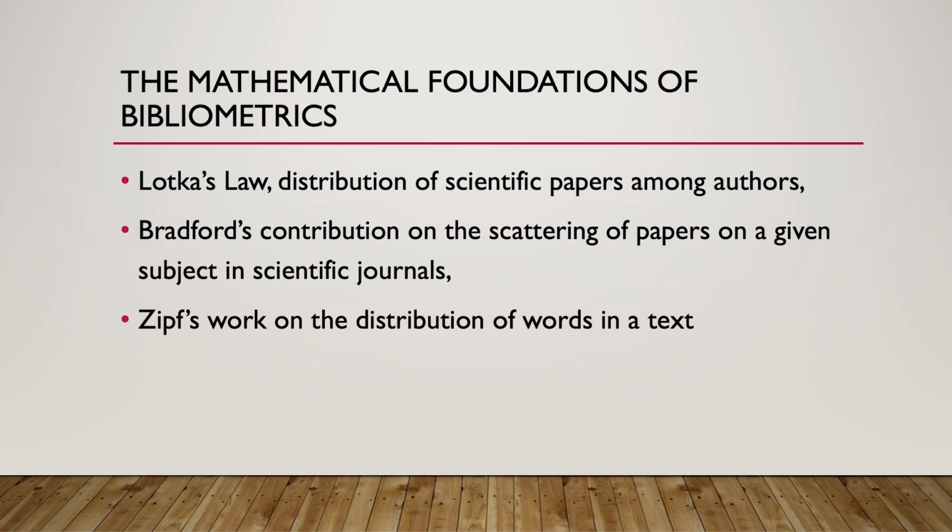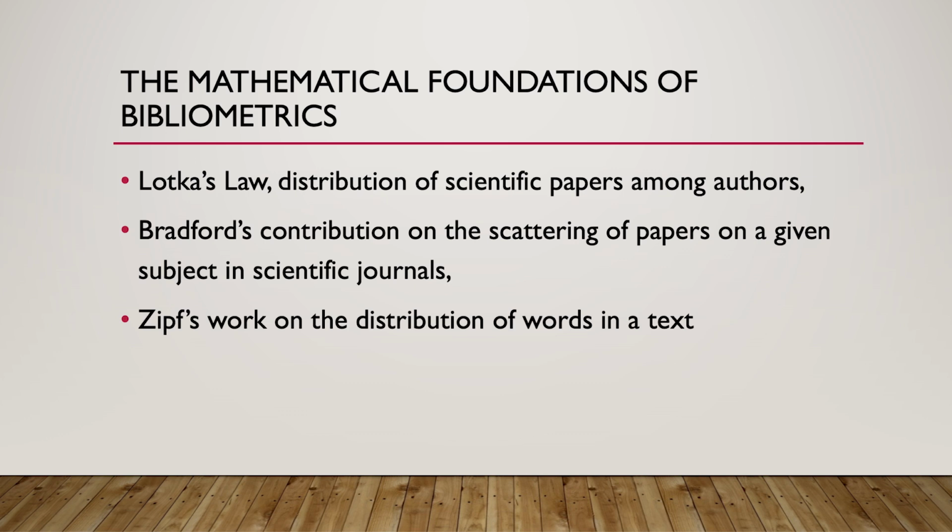There are multiple bibliometric laws being used in the literature. One of them, and perhaps the most popular among librarians, is Lotka's law. This is the distribution of scientific papers among authors. So this is the first one and a very well-known law. And there is also Bradford's contribution on the scattering of papers on a given subject in scientific journals.